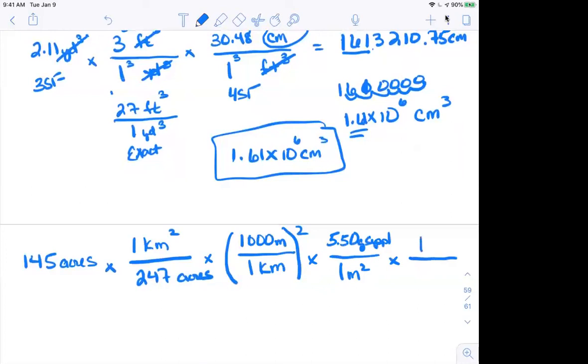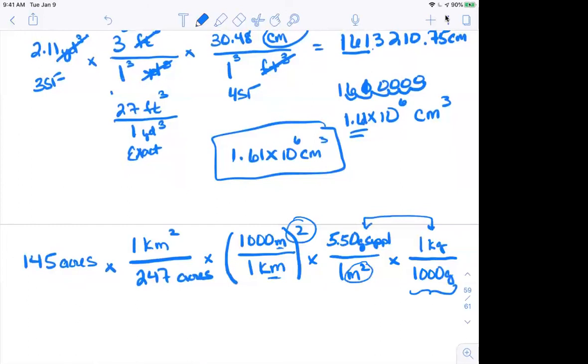So I also know for every 1 kilogram, I have 1,000 grams. Now this doesn't have to be squared or anything because I want to go directly from grams to kilogram. This has to be squared because I want to go from kilometers squared to meter squared.